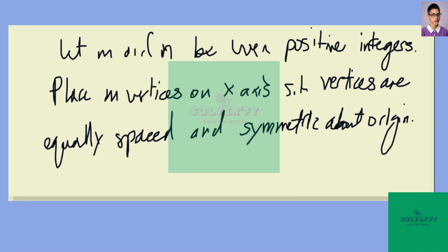And this is possible because m is an even positive number. So we can put half the vertices on one side of the origin and half on the other.